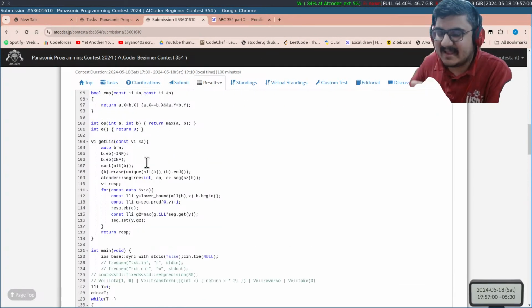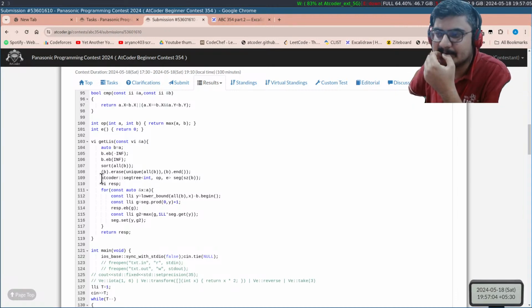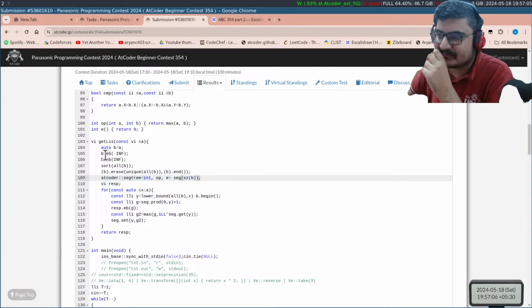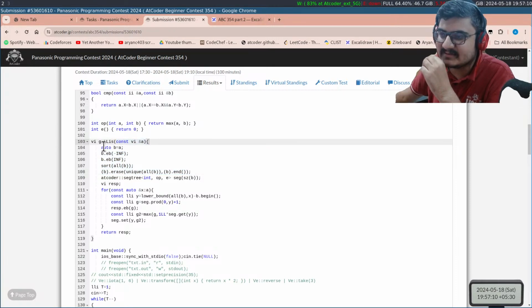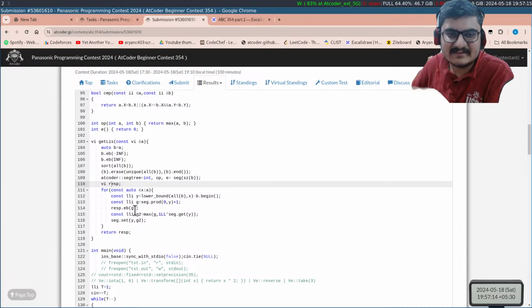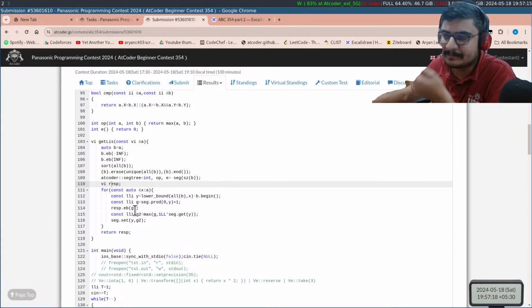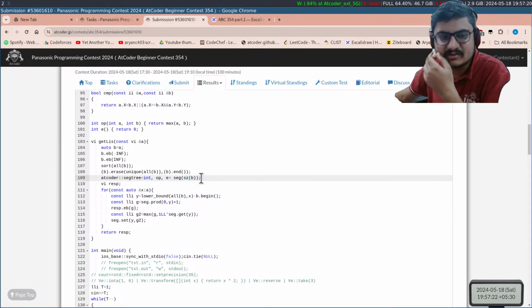To find the LIS which ends at some index, I can use the segment tree approach. First I do a coordinate compression of all the elements. I have this function which returns, for each element, a vector of size n, where the ith element is the length of LIS which ends at that index. Now for my segment tree, this is the coordinate compression part.